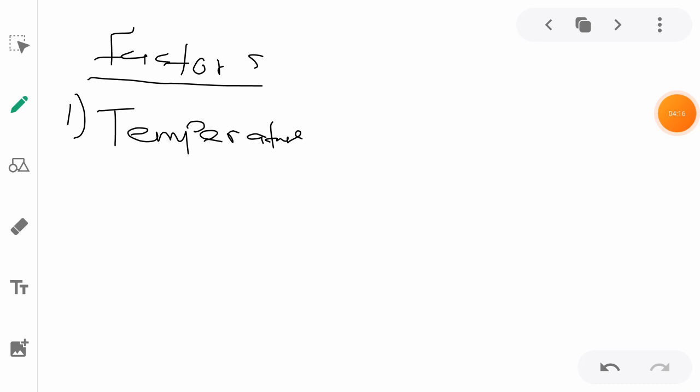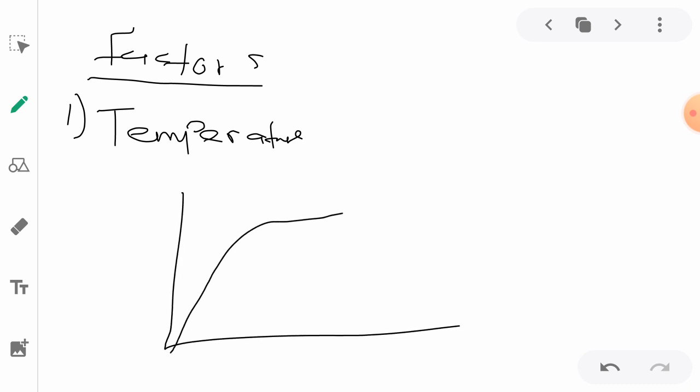Let's look at the factors that affect the rate of photosynthesis. Now, photosynthesis can be decreased or increased depending on the factor, and the first factor I'm going to look at is temperature. Now, let's look at this graph as an approximation of something. What are we saying?